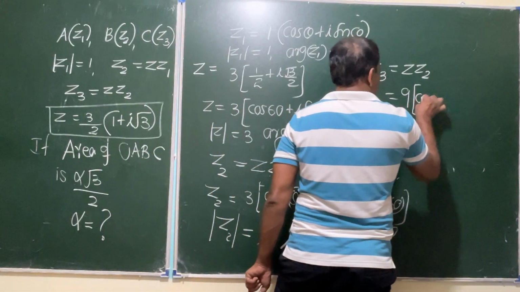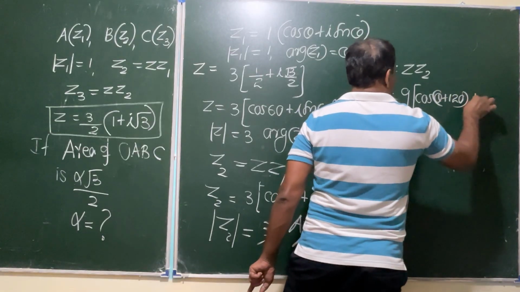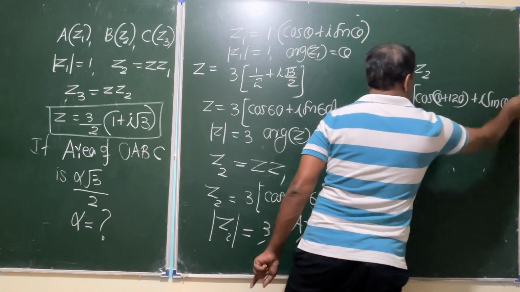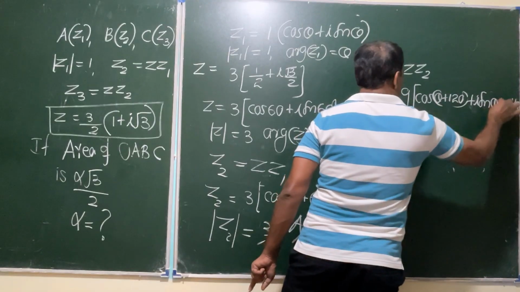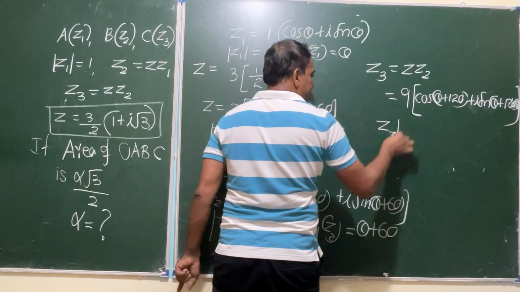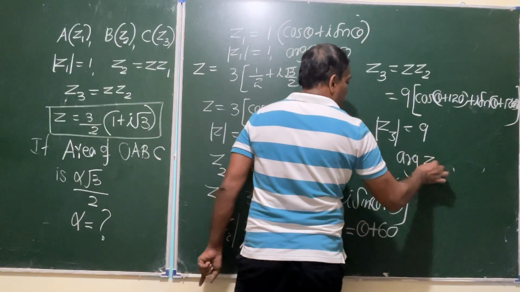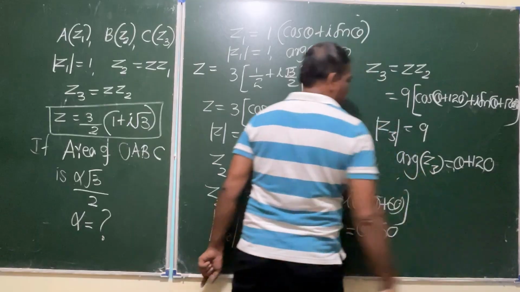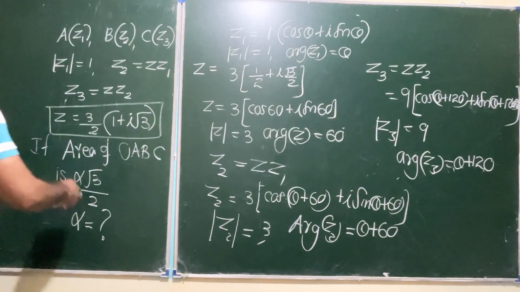So cos(theta plus 120) plus i sin(theta plus 120), okay? Therefore, the Z3 complex number has modulus 9 units. Its argument, the Z3 argument, is theta plus 120, okay? Therefore, clearly you can plot on an Argand diagram or complex plane, right?